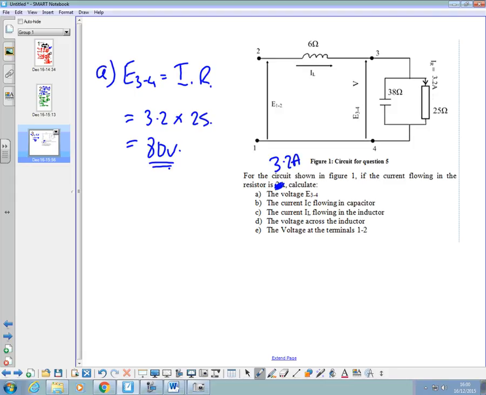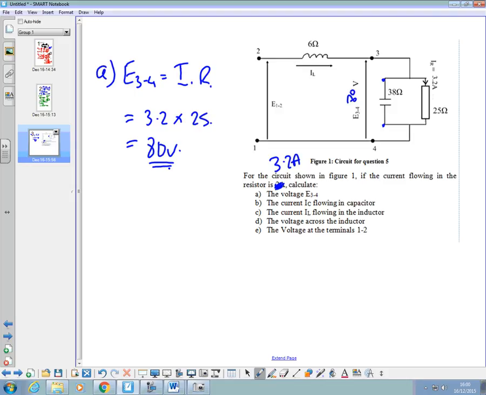Okay, so between these terminals we've got 80 volts. So, implied by the parallel circuit, we've also got 80 volts across the capacitor.